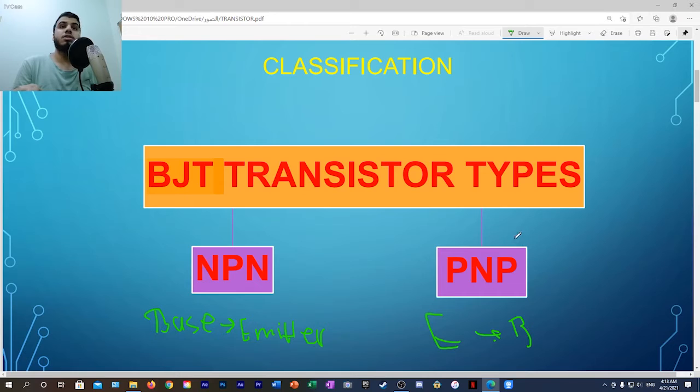Okay, there is another difference between them. Let's assume this is the NPN transistor, and this is the PNP.